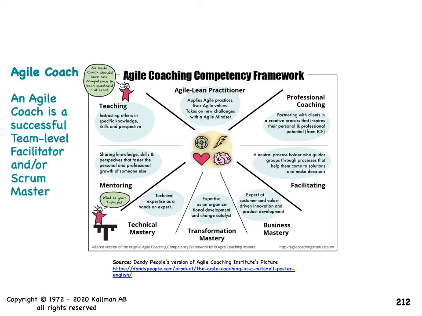Anything that has anything to do with Lean, it's a much broader and wider practice than just Agile. Then, in addition to that, they need to be either a really good coach and/or a really good facilitator. And then here at the bottom, they should at least have one of these 3: either technical mastery, transformation mastery, or business mastery.